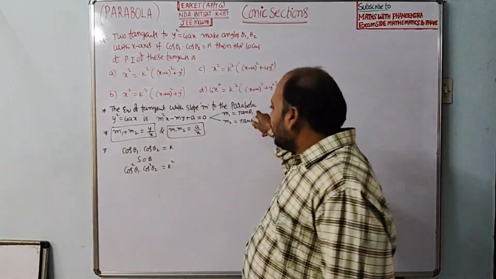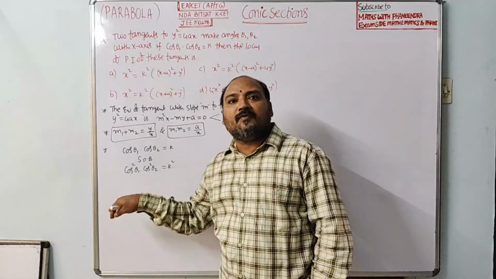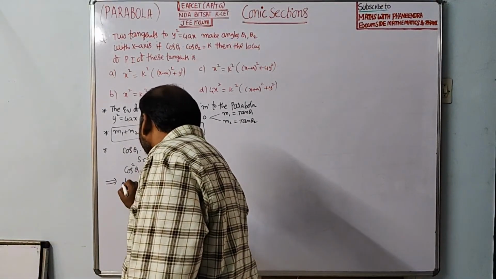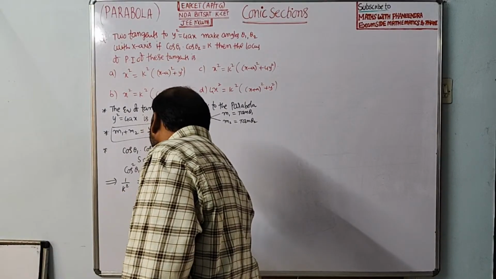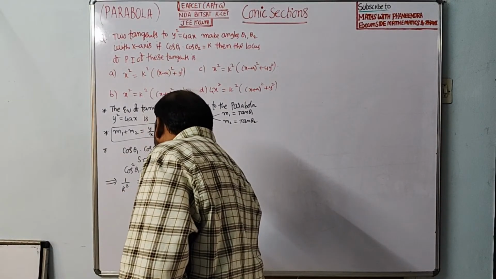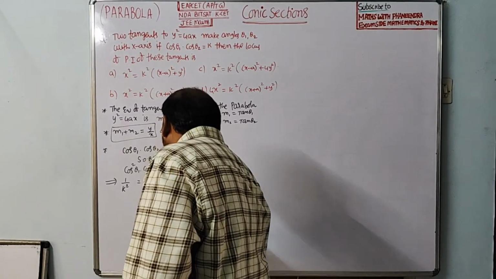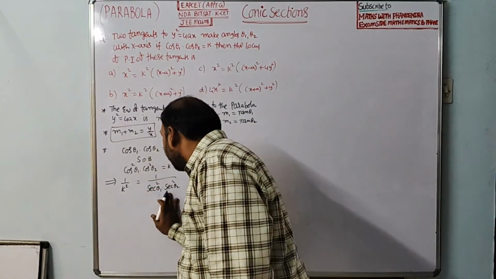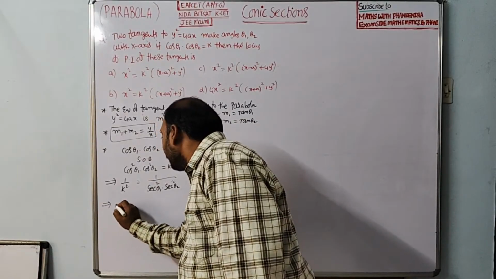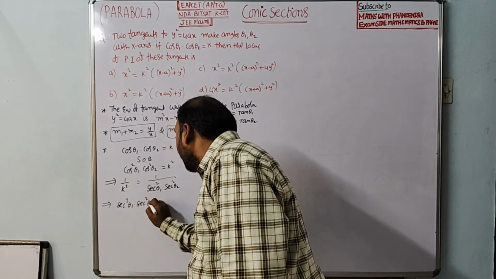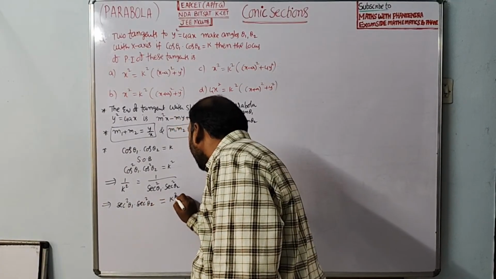Here cos is there, and the reciprocal of cos is secant, so I am writing the reciprocals: 1 by k square is equal to secant square theta 1 into secant square theta 2. Now cross multiplication.